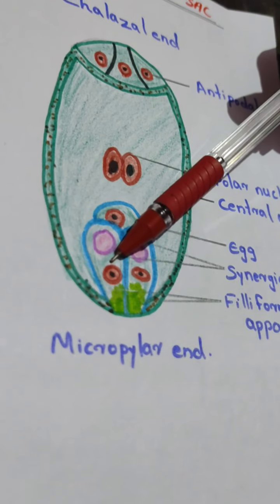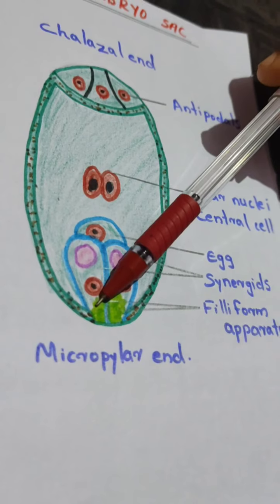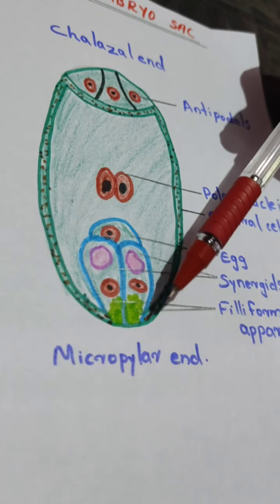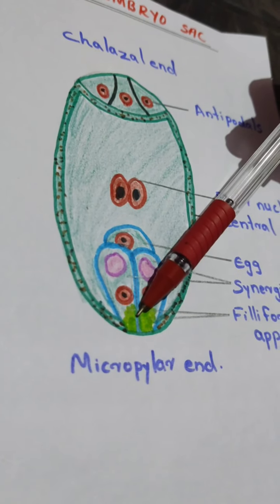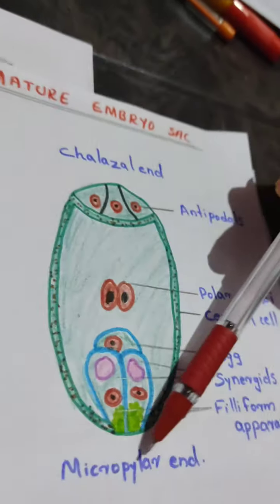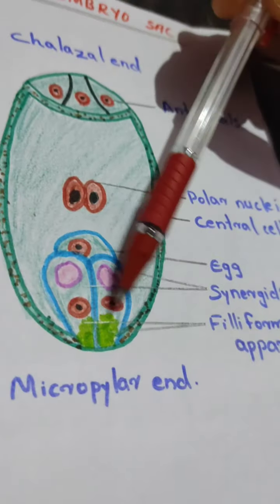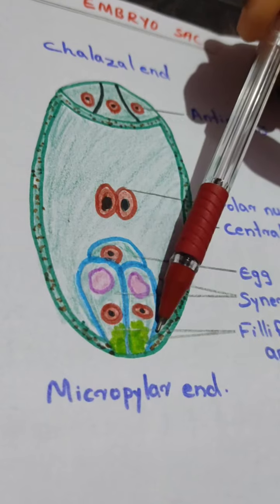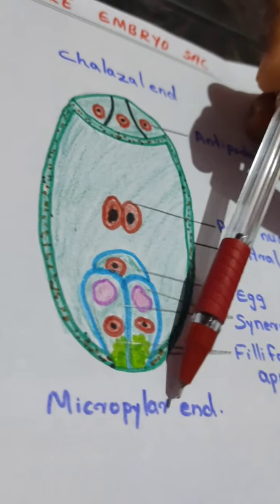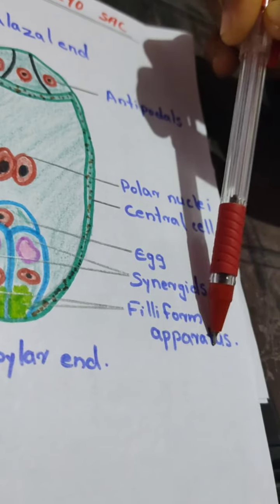Synergids have special cellular thickenings at the micropylar tip called the filiform apparatus. In the two synergids and one egg cell, the special thickening at the micropylar end is called the filiform apparatus.